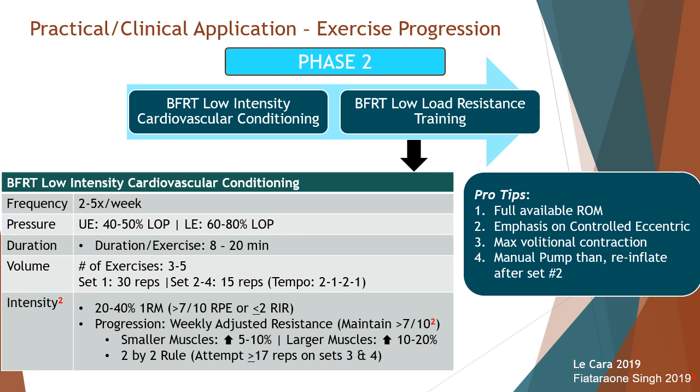Progression is really important and something that has become more readily described within the BFR literature, and a lot of researchers and clinicians are using the 2x2 rule. So that is, instead of going to 15 repetitions on the last set or the last 2 sets, they will go to failure.